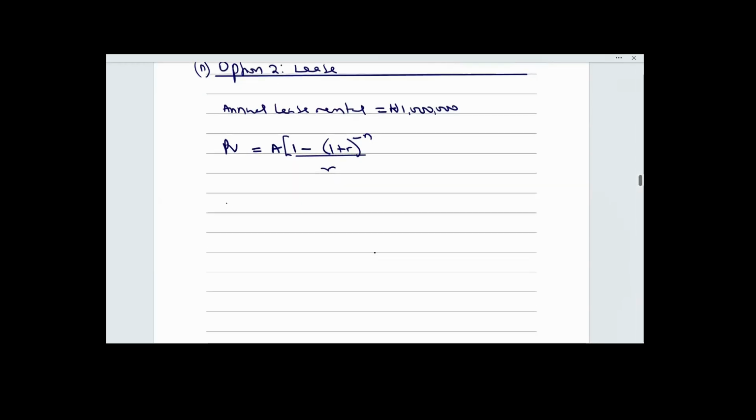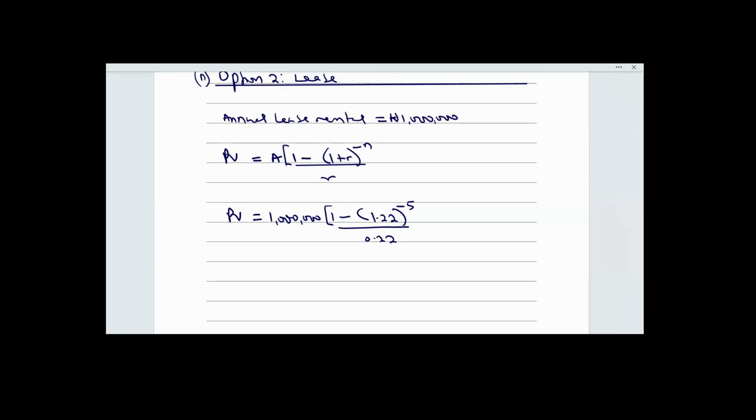So I would then say PV equals the cash flow, which is 1 million naira, the annual lease rental, multiplied by 1 minus 1.22, since the interest rate is 22%, raised to power minus 5, as the useful life of this machine is 5 years, then divided by 0.22. So just use the formula and get your answer once and for all.